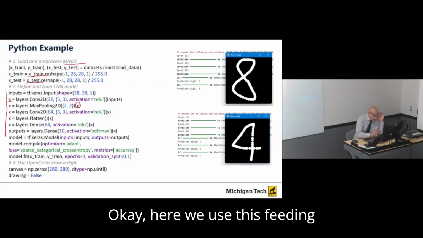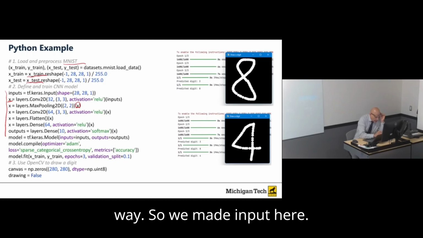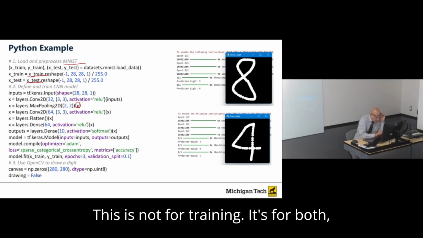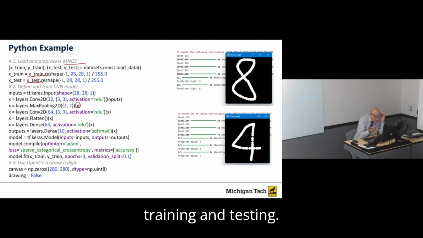Okay, here we use this feeding way. So we made the input here. The input is just normal 28 by 28 pictures. This is for both training and testing.